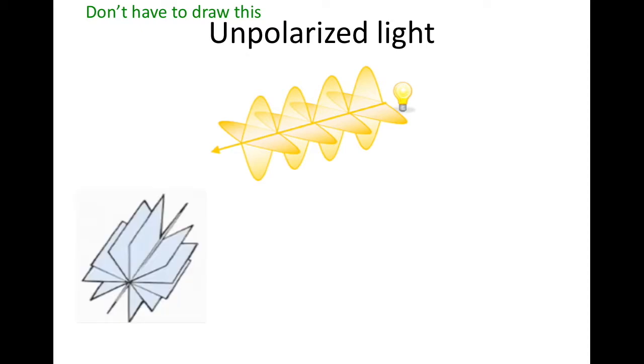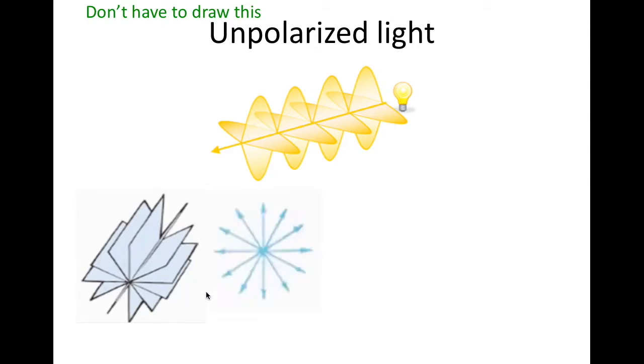The figure here on the left is a 3D representation of unpolarized light, and it is the most involved. Each of these is a plane the electric fields are oscillating in. So, for example, here we have a vertically oscillating electric field. That would be maybe this one right here.